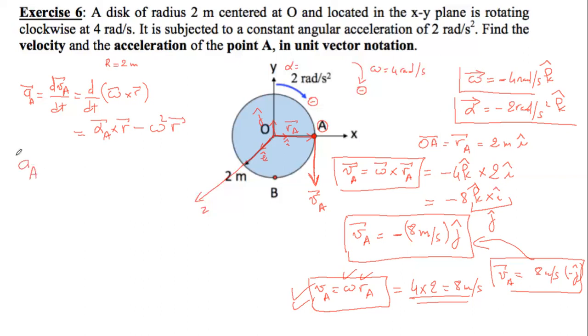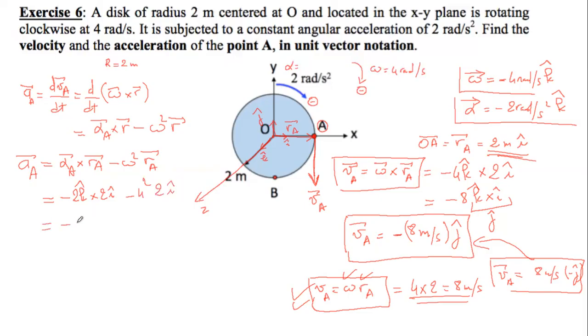So the acceleration at point A is alpha A cross RA minus omega squared times RA. Let's do the calculation. So alpha A, we already know, is minus 2 k hat. RA, we already know, is 2 i hat. Minus omega squared, 4 squared, times RA, which is 2 i hat.